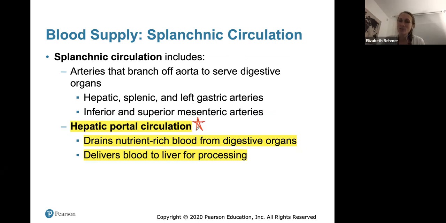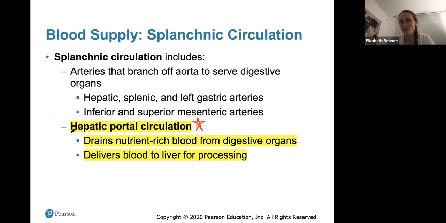The hepatic portal circulation, or the hepatic portal system, is what, when we absorb nutrients that are digested through our small intestine, they go into this blood system. So anything nutrient rich that we are eating and gets absorbed into our bloodstream is entering into this hepatic portal system.